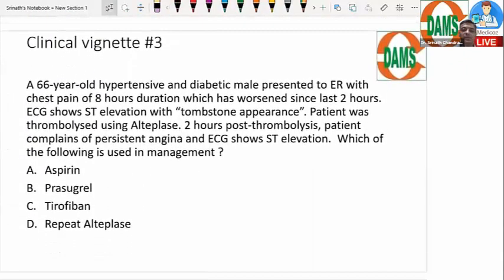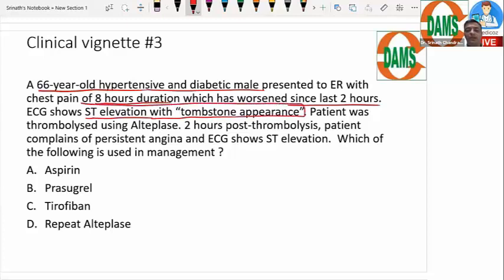So coming to case number 3. A 66-year-old hypertensive and diabetic male has come with chest pain of 8 hours, worsened since 2 hours, and the ECG is showing ST elevation with tombstone appearance. So what is this?